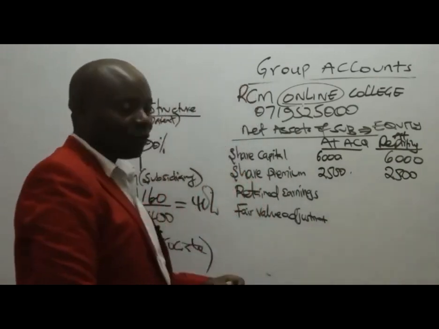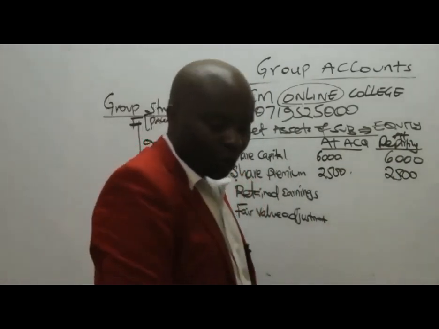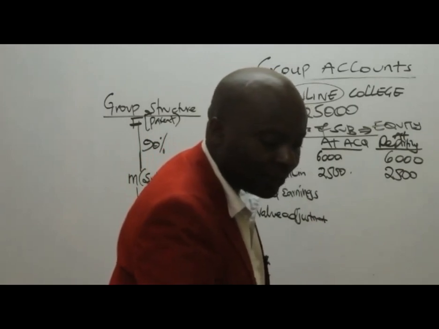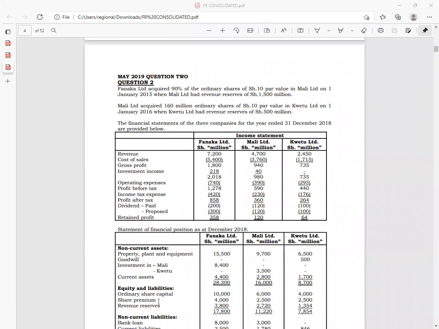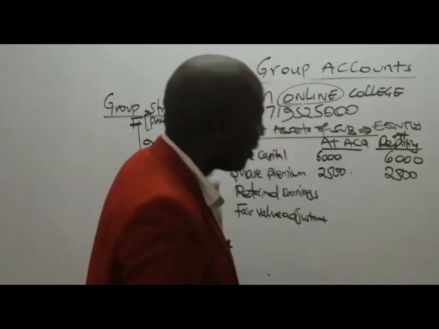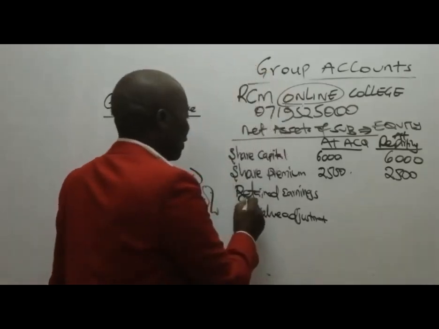Retained earnings, you have to be very careful with. What we have here is at reporting. They're calling them revenue reserves, and revenue reserves at reporting is 2,720.